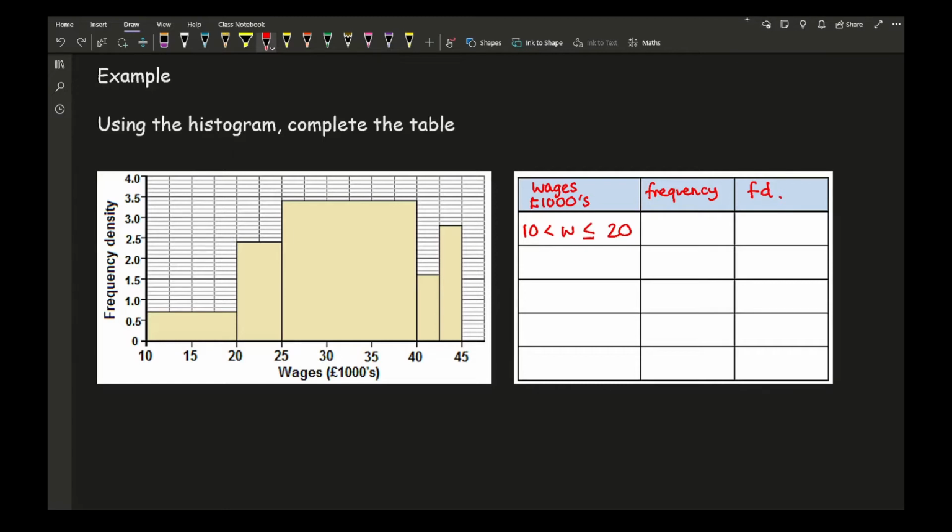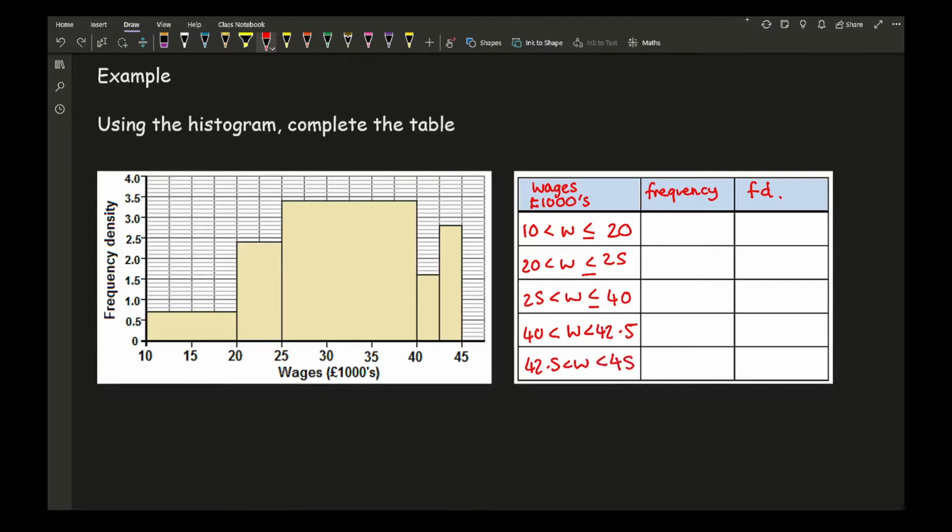So we go to our next group, which is 20 to 25, and then we've got 25 to 40, and then 40 to 42.5, and then we've got 42.5 to 45.